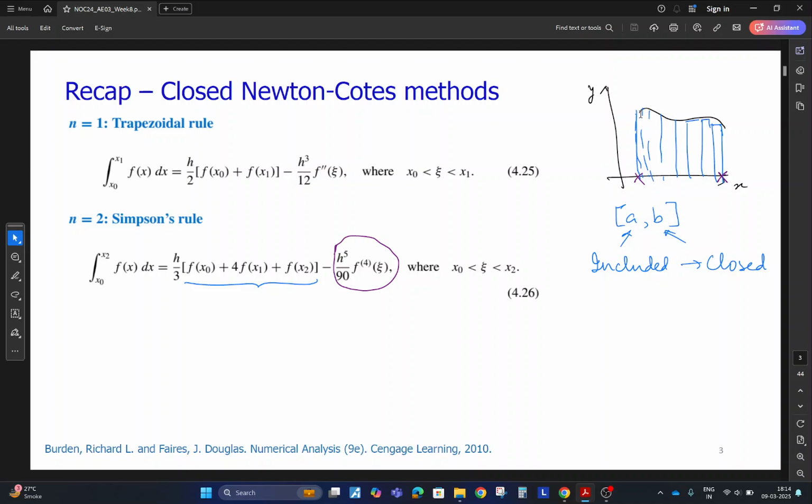If both the endpoints are included in the calculations, then it's a closed method, some examples of which are the trapezoidal rule and the Simpson's rule. And if the two endpoints are not included in the calculation, then it is an open method, because effectively the numerical technique is only operating on the open interval a comma b rather than the closed interval as originally given.